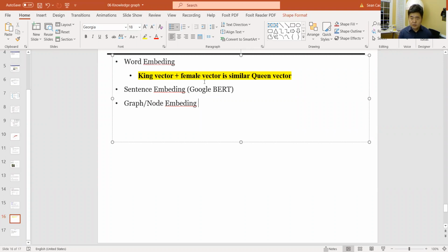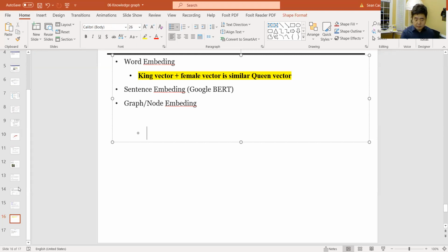But I do want you to see the relationship here. If we use the king's vector plus the female vector, you will get the queen's vector. This is like a typical knowledge graph, because if you add the king's vector plus female, the relationship between the two will be queen. So embedding can help you build a knowledge graph on your own.